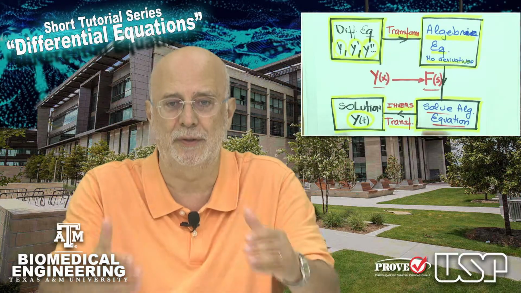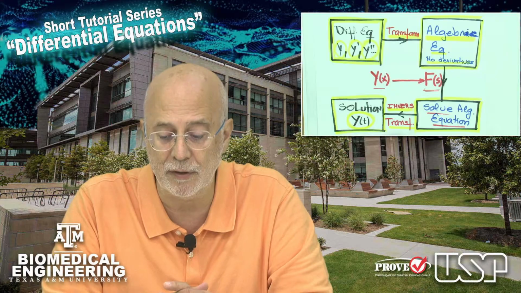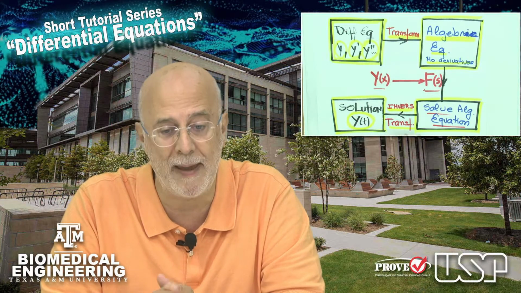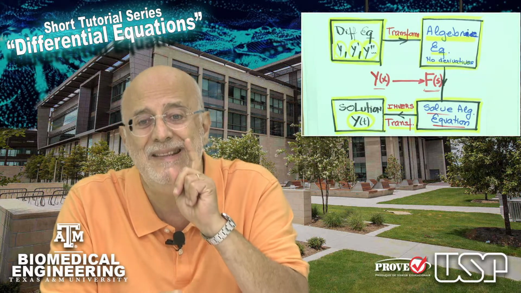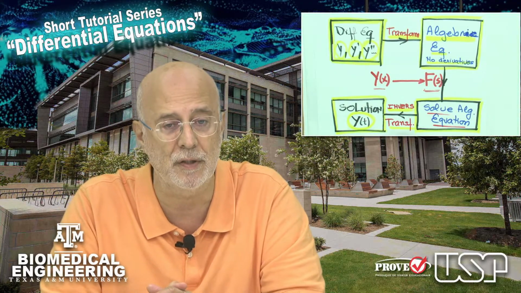And if you get used to it, you solve very complex equations in a very simple way. We're dealing with differential equations, but this method of Laplace transform can be used even for integral equations. Integral equations normally are even harder than differential equations.